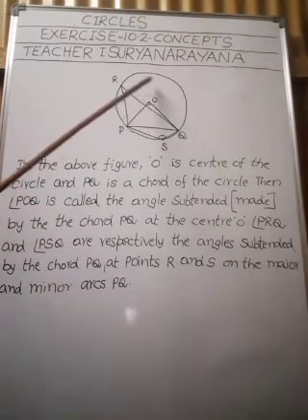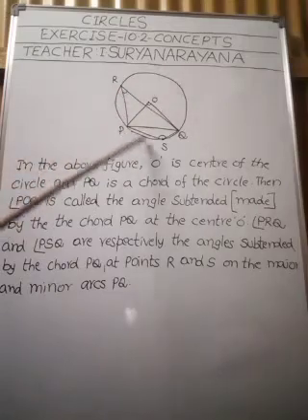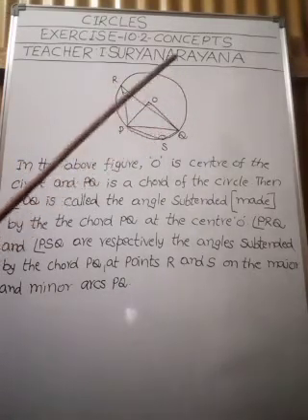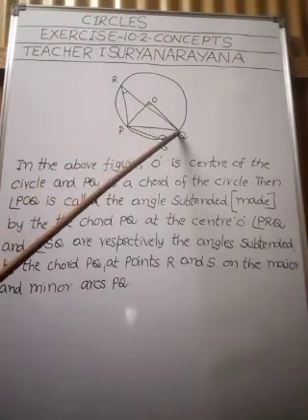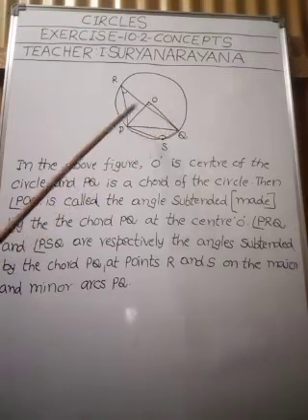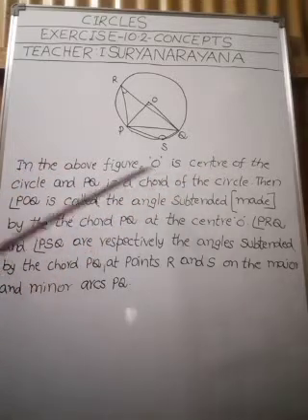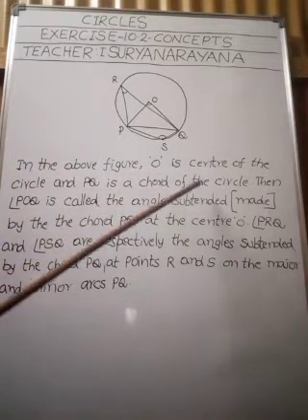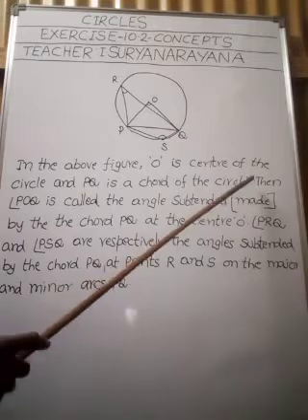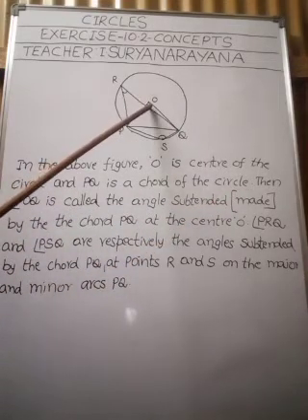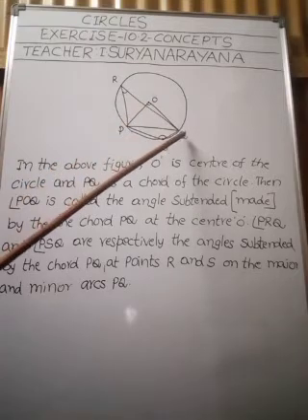Now observe this figure, my dear children. This is a circle with center O and PQ is a chord. In the above figure, O is the center of the circle and PQ is a chord of the circle. Then angle POQ. Here, O is not lying on the line segment PQ.